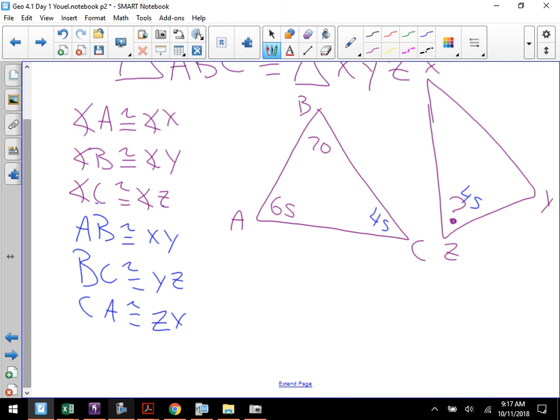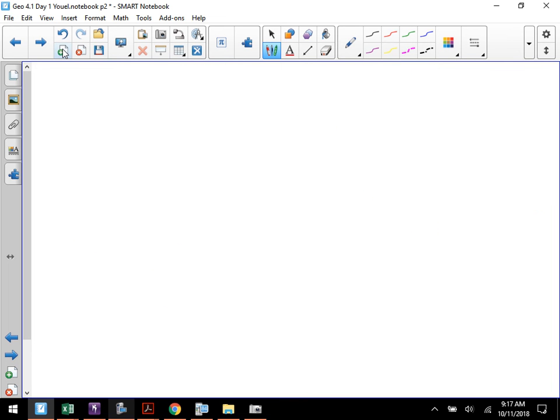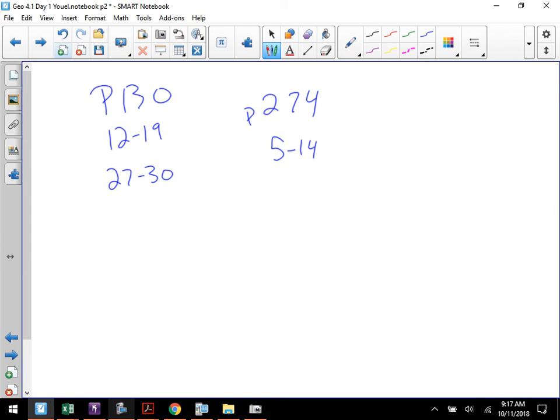But what I do want you to do for tomorrow, I'll give you a little bit of time to start on this so you can screenshot it. I'll plug this at the beginning. On page 130, I want you to do numbers 12 through 19, and then 27 through 30. And on page 274, 5 through 14.